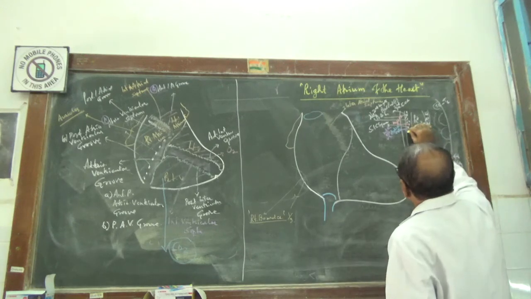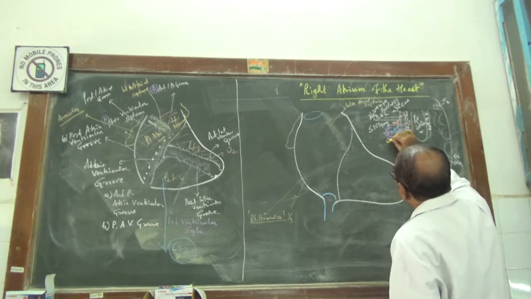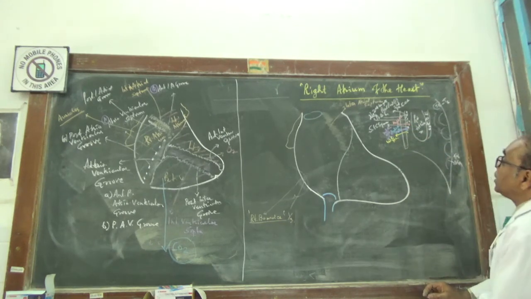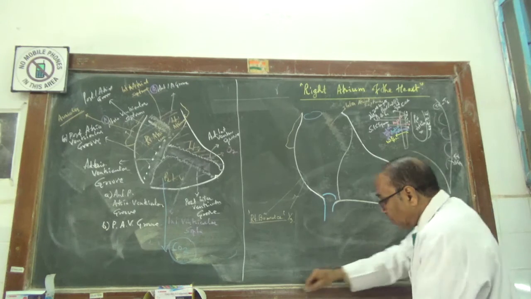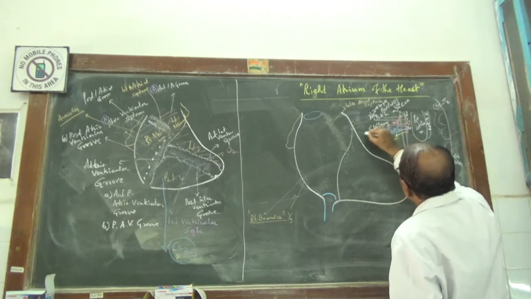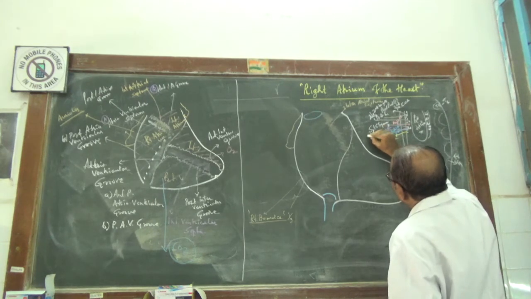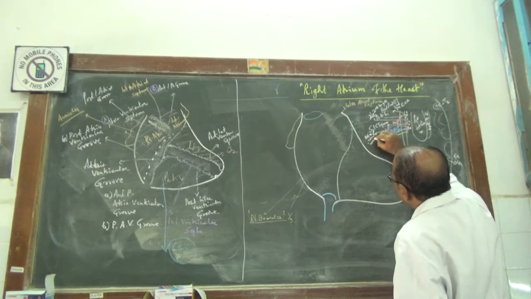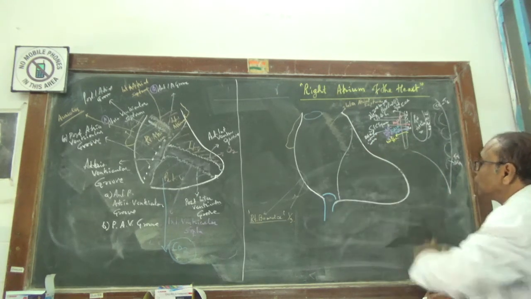Then you have got the intercostal nerves. Apart from that, the intercostal space contains external intercostal muscles, internal intercostal muscles, and innermost intercostal muscles with membranes.